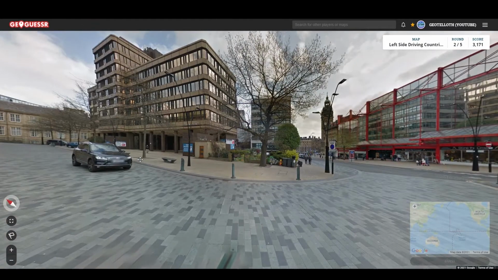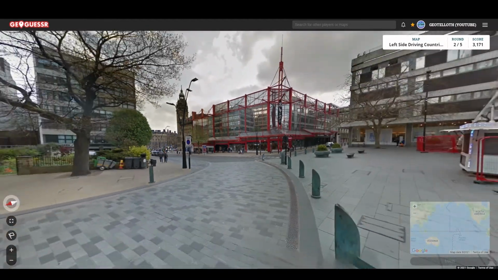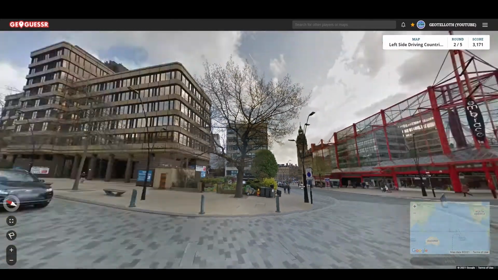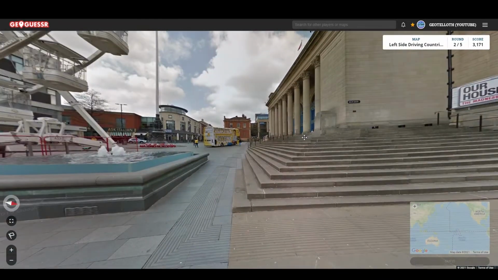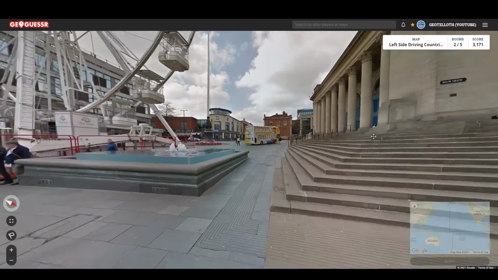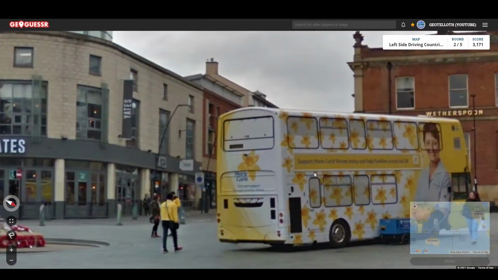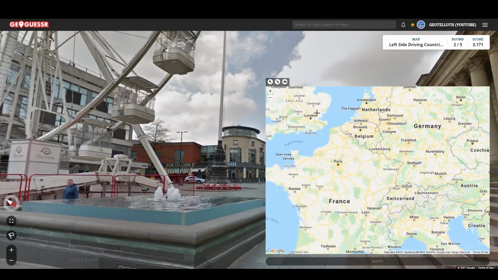Right. Well, this is the UK. Pretty sure. Trying to figure out where we are. Oh, NW1. That's a London postcode. I think that's... I'm not sure, actually.